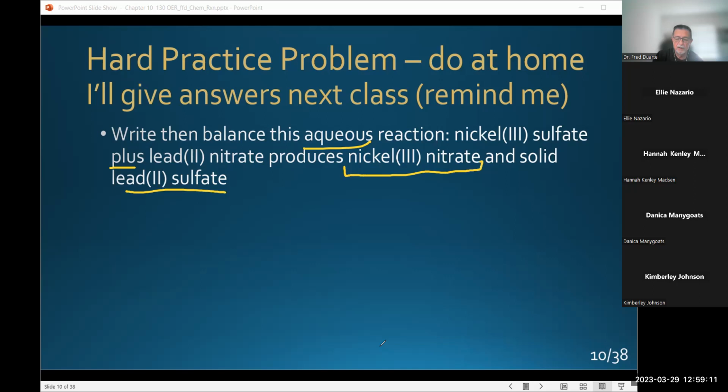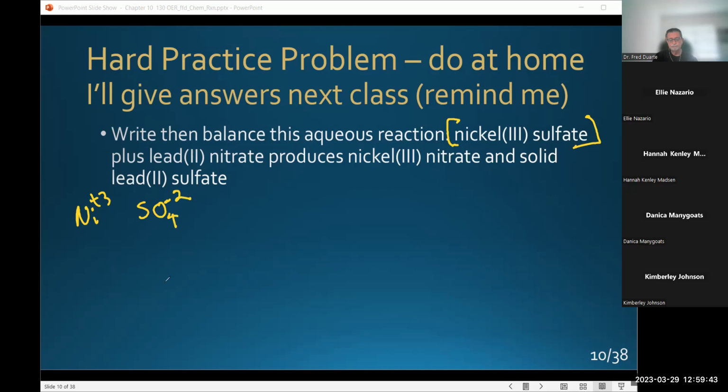Let me clear this up, and we'll start off with nickel sulfate, okay? All right, nickel sulfate. So nickel(III) tells us that we are working with Ni3+, okay? The sulfate, if you don't recall, is a polyatomic ion that you can go to the periodic table in the bottom left corner and look up, and you'll see that it's SO4 2-, okay? So we're going to put these together in the proper ratio so that they are neutral.